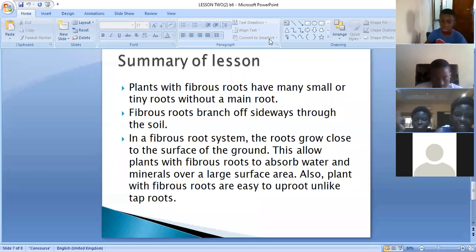Will anybody explain the detail to her? Have you ever seen taproot? Most of the plants can be placed under both taproot and fibrous. Few of them can be grouped under taproot and the fibrous root. You may be correct, but what I know is that sincerely it is under fibrous.